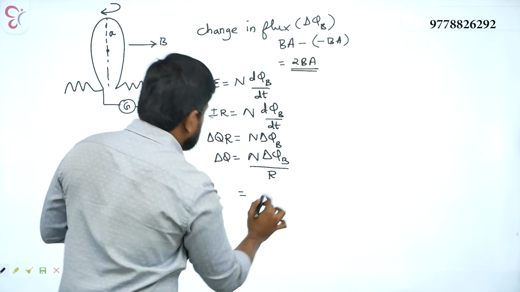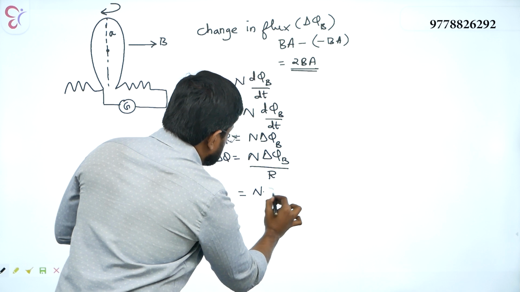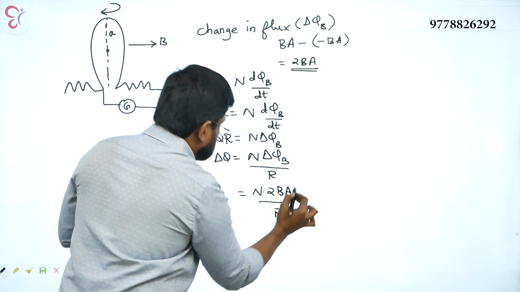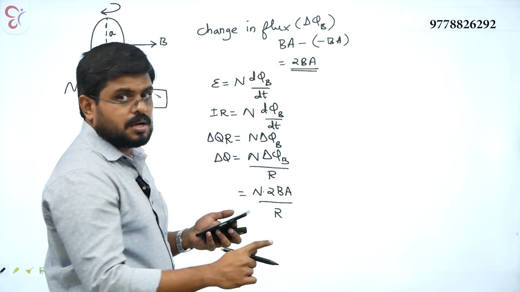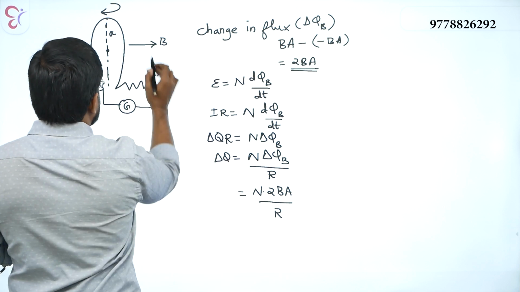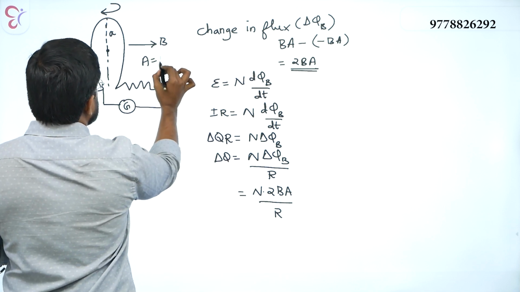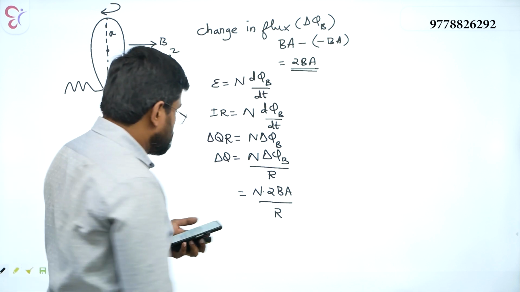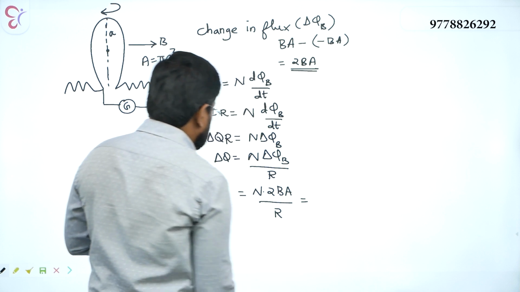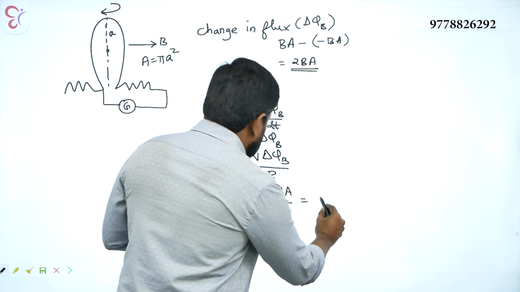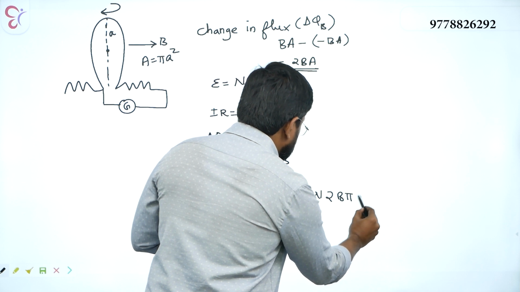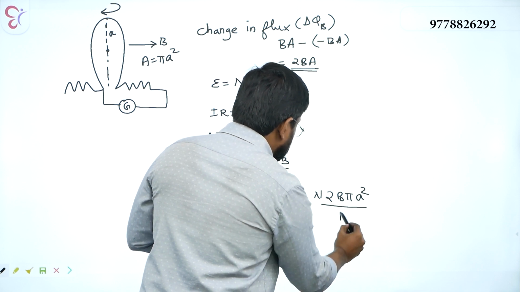Delta phi B is 2BA. So N into 2BA divided by R. Then what is A? It is a circular coil, and the area is pi a square, isn't it? So the value of Q is equal to N into 2B into pi a square divided by R.